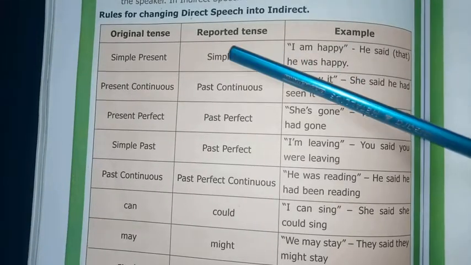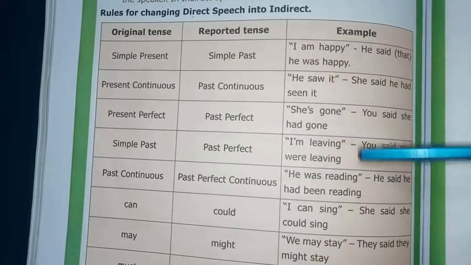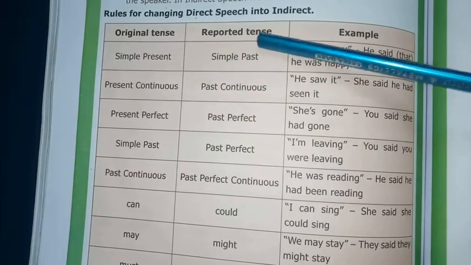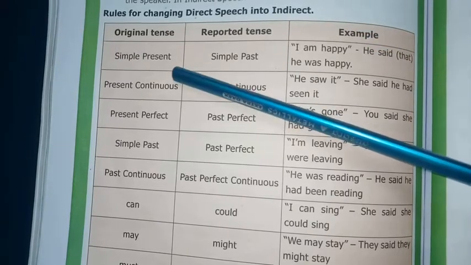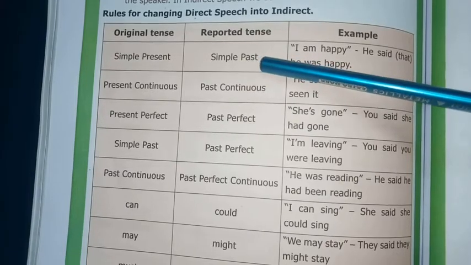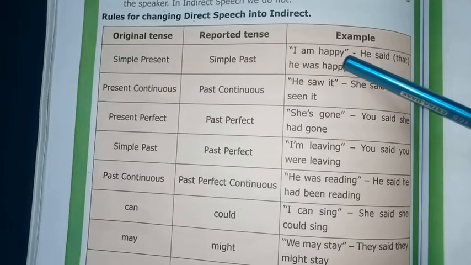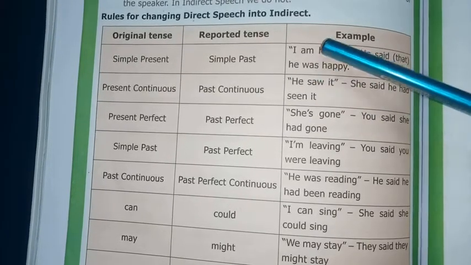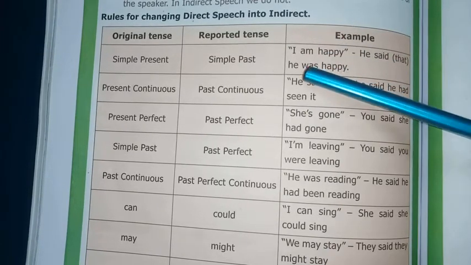Yes, here rules for changing direct speech into indirect speech are given in a box. Original tense, reported tense, and an example. Simple present. In reported speech, we should use simple past. Example, I am happy. He said that he was happy. The simple present is changed into simple past.